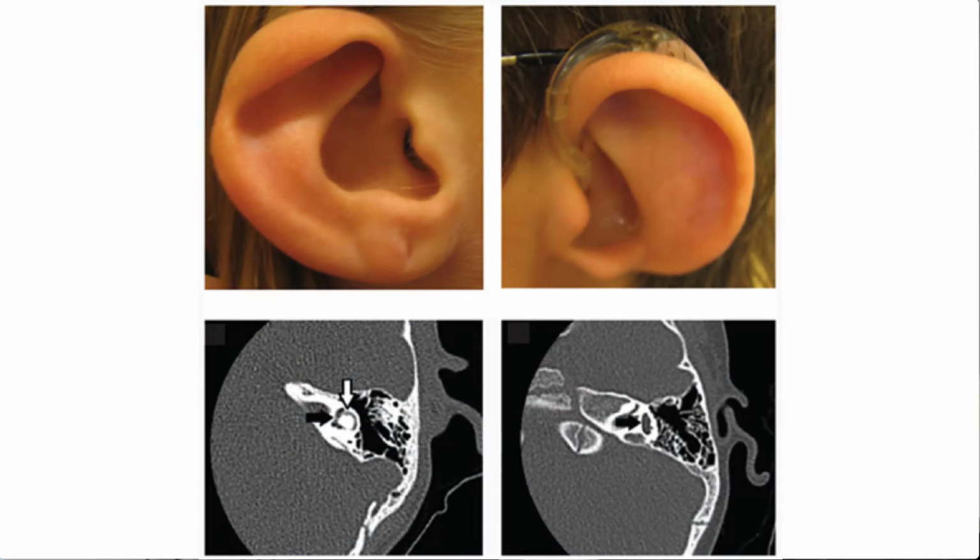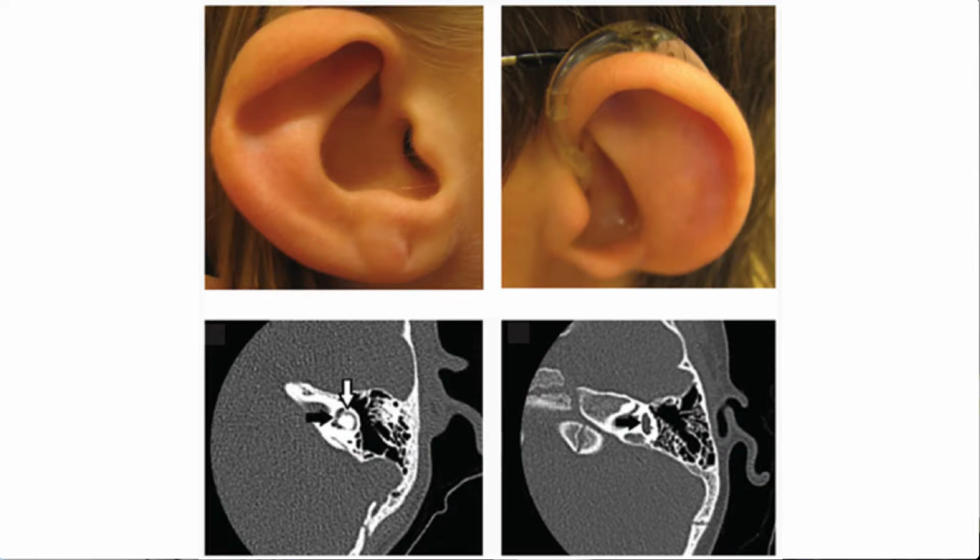The top two pictures where you actually see images of children's ears represent some of the variation that we see in microtia, or malformation of the external ear. On the top left panel, that's more of a milder microtia, in which the ear is recognizable as an ear, but it's missing some of the folds and some of the definition that make it look more like a typical ear would appear.